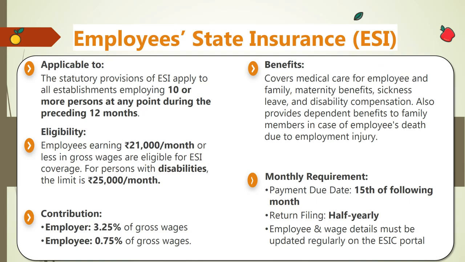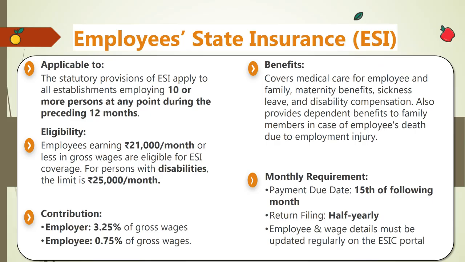For ESI, as already mentioned, 10 or more persons in the preceding 12 months. 21,000 is the limit; for persons with disabilities, 25,000 per month. Contribution is 3.25% employer, 0.75% employee.